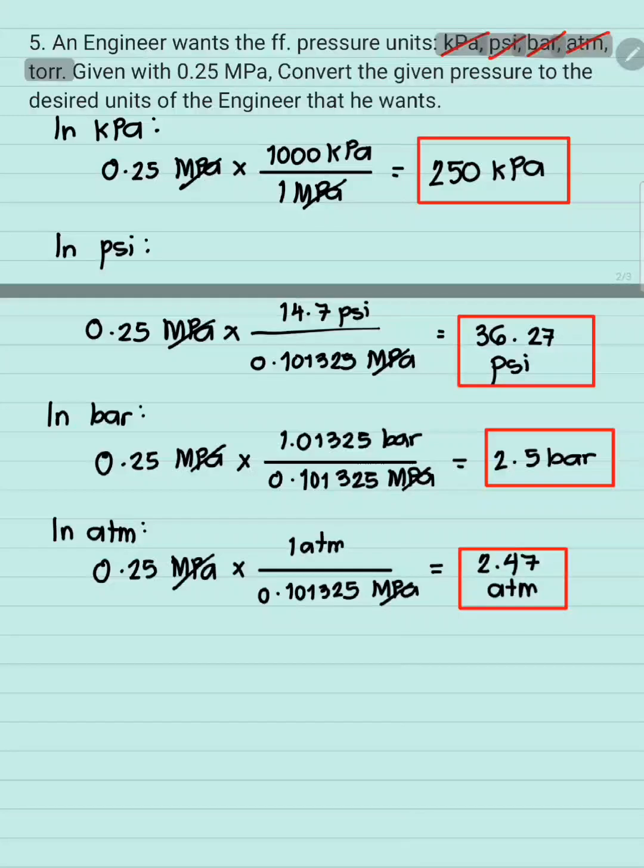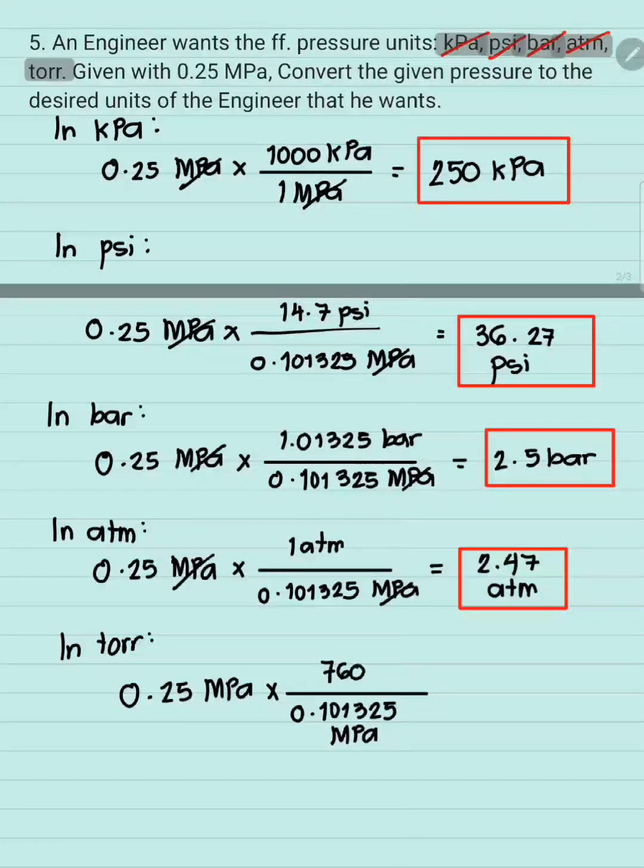We are now down to the last, which is torr. In torr, we have 0.25 megapascal multiplied by, for every 0.101325 megapascal, 760 torr.